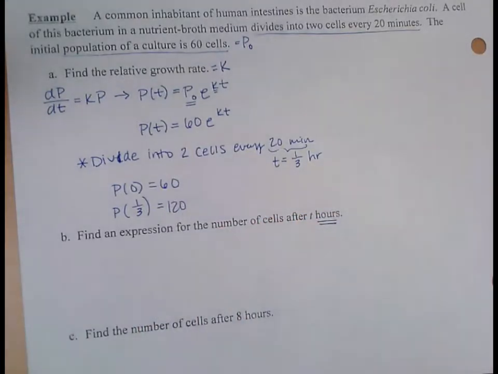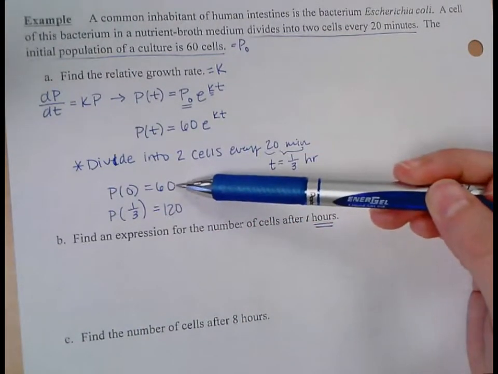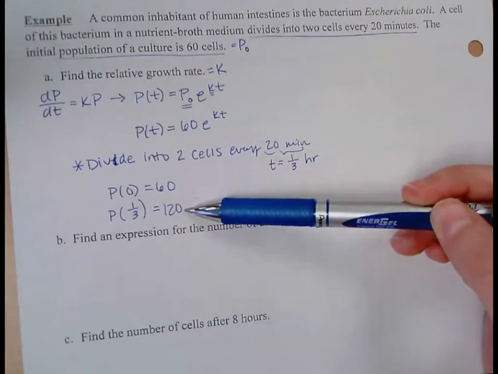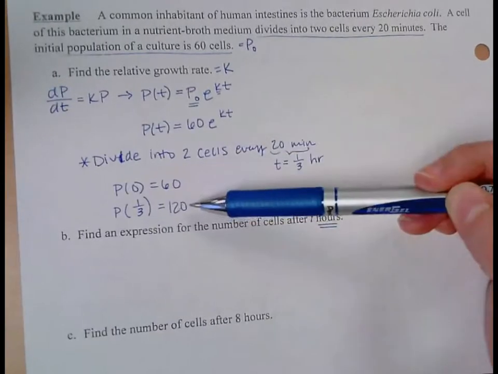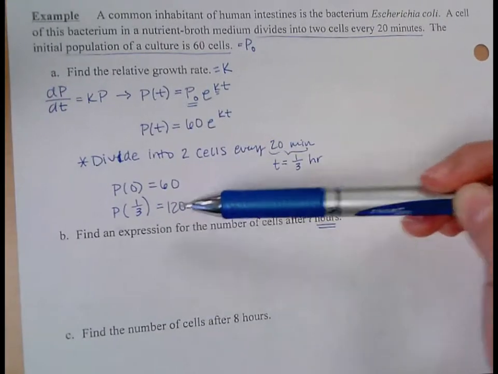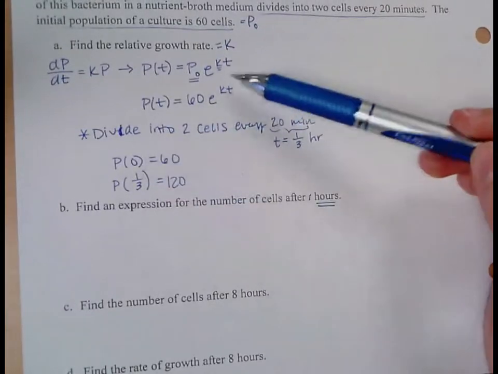120, yes. Okay, so from there, how can I use that? Still, I'm trying to find k. Substitute that coordinate in. This would go in place of P of t. This would go in place of t.